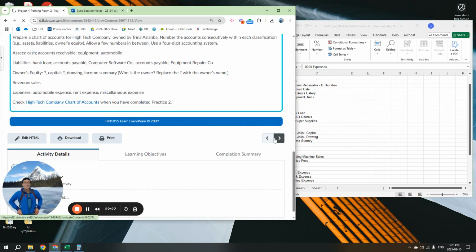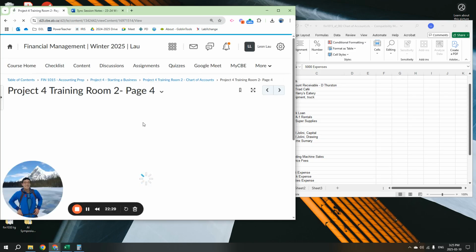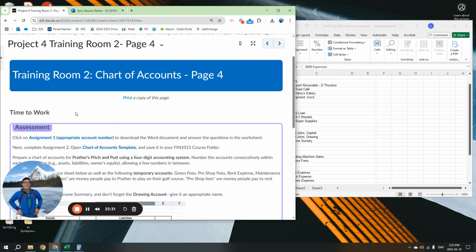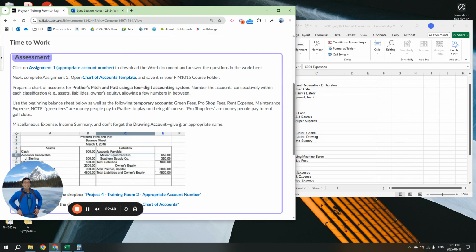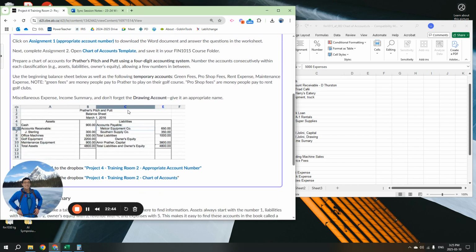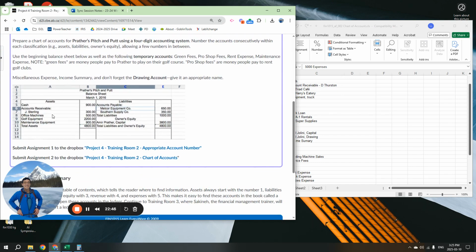But what you actually need to do is submit the work on page 4, time to work. For all the time to practice, you don't actually need to hand in. You do need to hand in the time to work. And again, there's a template for you to use. And then here is the balance sheet that you can start from.